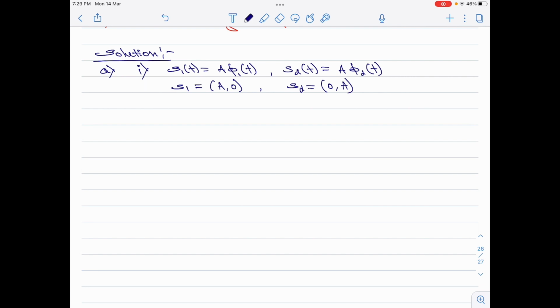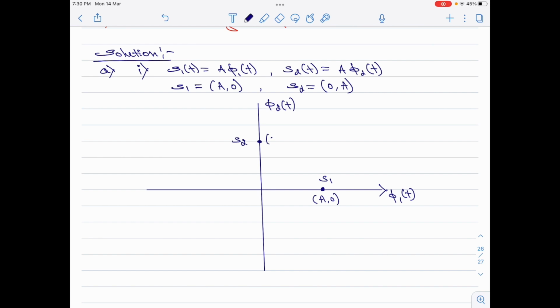So, the constellation diagram will be given as, we have S1 located at a comma 0. So, this will be on the x axis, this is S1 and S2 is at 0 comma a. So, this will be located here on the y axis, this is S2 0 comma a.